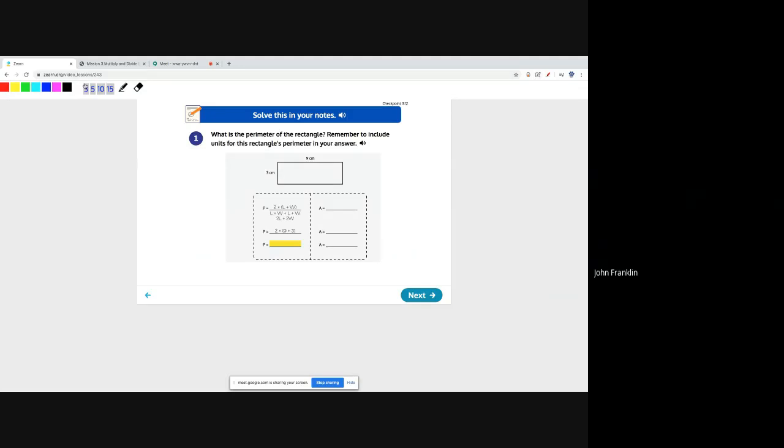So if we bring up our web writer again, they went 2 times 9 plus 3, or 2 times 12 equals 24. That's the problem that they chose to work with. Okay, so let's go ahead and erase and go.